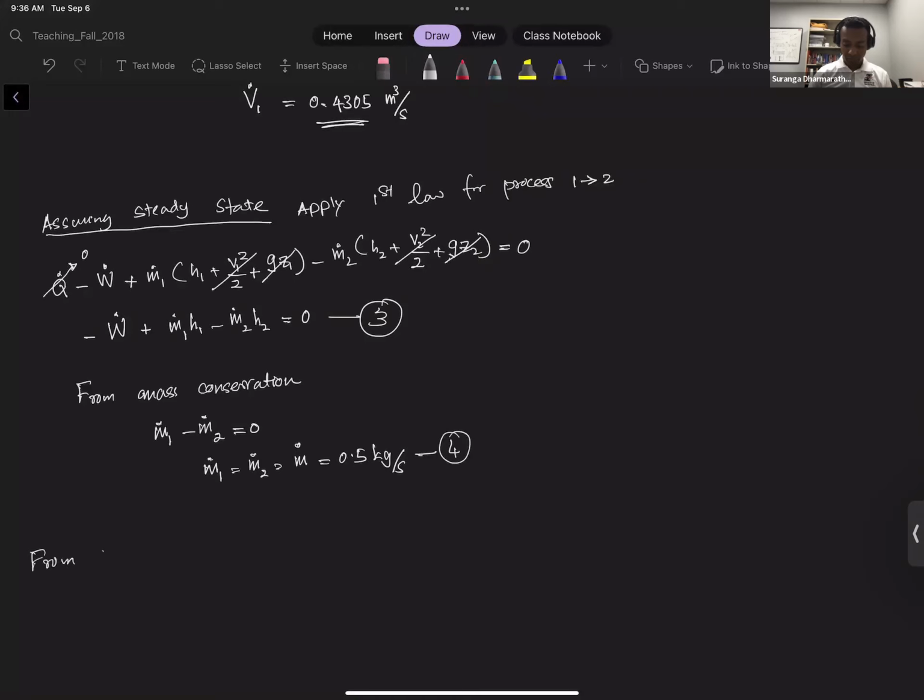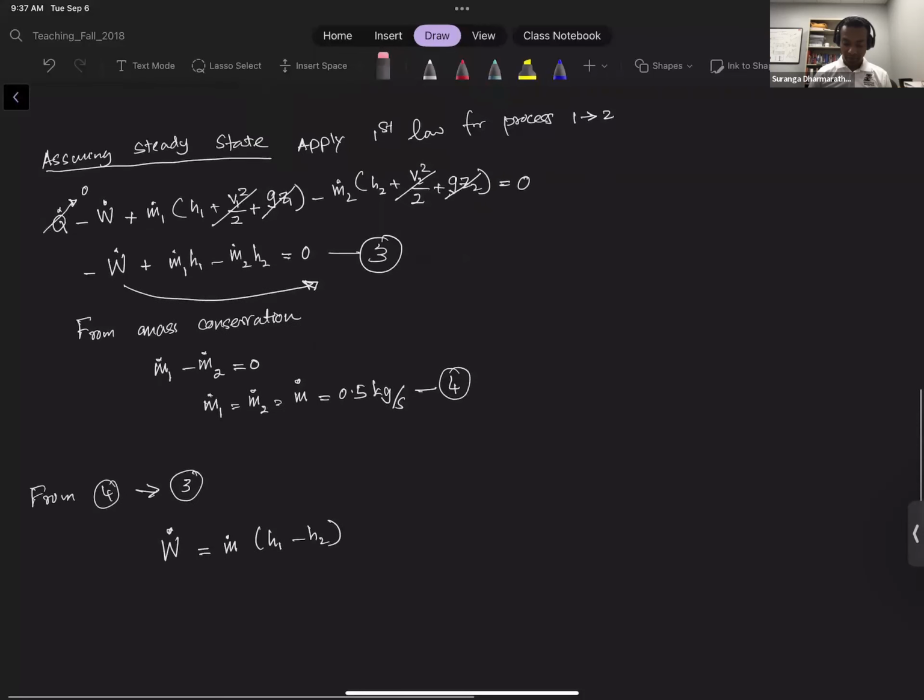From 4 to 3, moving W dot to the right hand side, that gives me m dot times h1 minus h2.